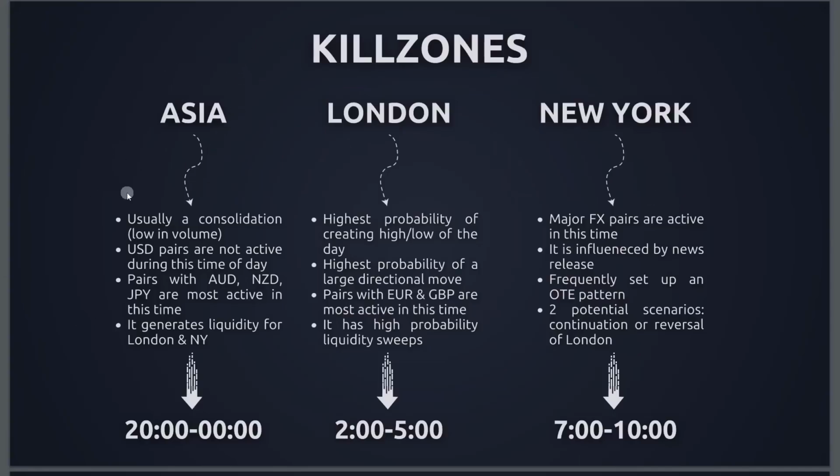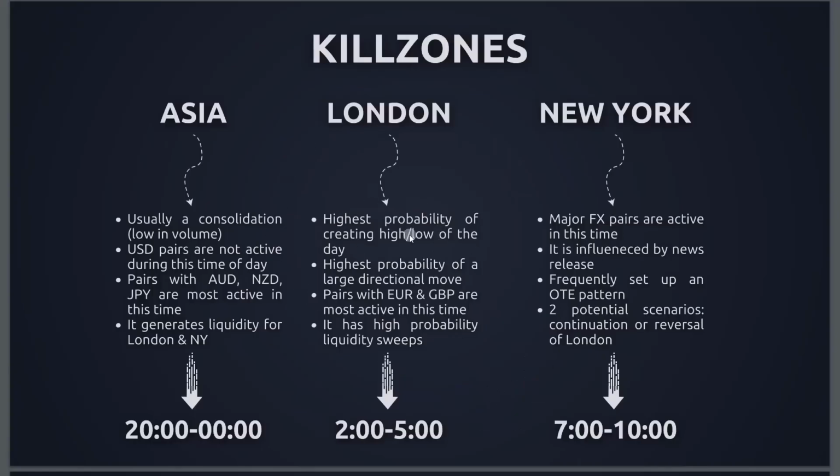Now, accumulation can be in Asia, then London can have the manipulation, because after accumulation we have manipulation. Most likely London has the manipulation, and we know that after manipulation we have aggressive move either to the upside or the downside, and that's how the high or the low of the day is created, because we have expansion and then we have the distribution at the end.